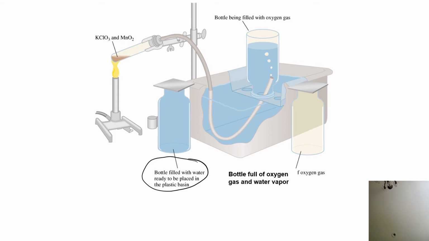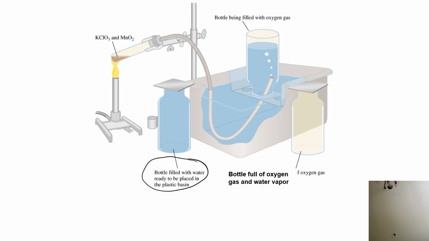And so that oxygen gas is then displacing the water in the bottle. And then you can determine the volume of the gas collected. So during that reaction, the water level will adjust so that the pressure inside and outside the container are the same, which will be the pressure of the atmosphere.